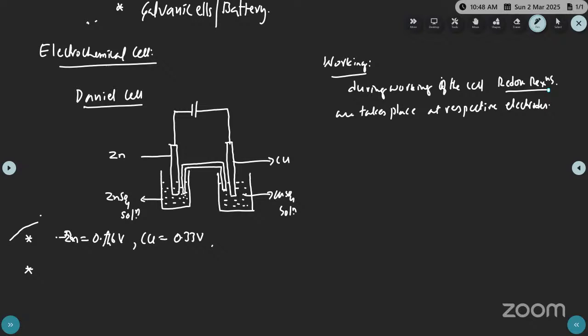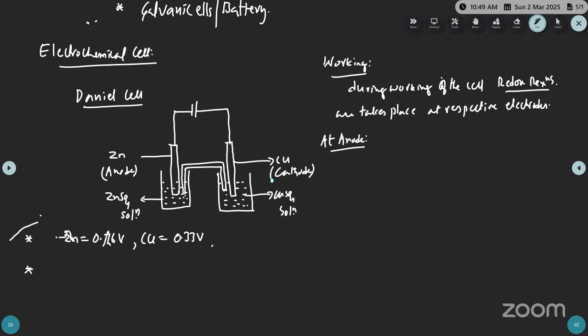So at anode. Here this cell has two electrodes: zinc is the anode and copper is the cathode. At anode, what reaction takes place?